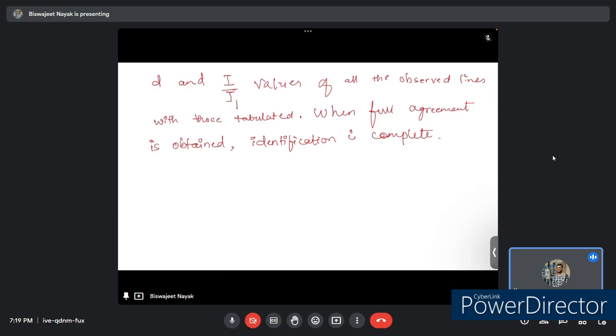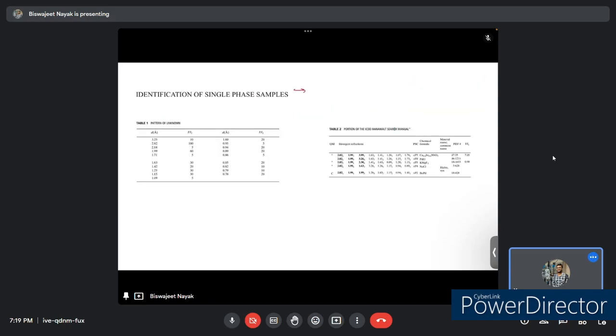So when full agreement is obtained, then identification is complete.